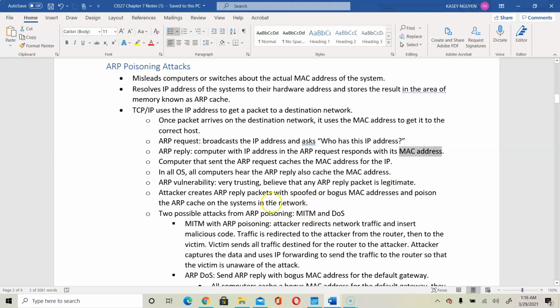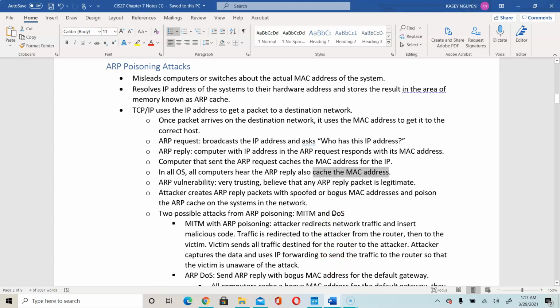The computer that sent the ARP request caches the MAC address for the IP, so that it stores that information. All operating systems, whether Mac OS, Windows, or Linux, would hear the ARP reply and cache this MAC address, which belongs to the physical network interface card.